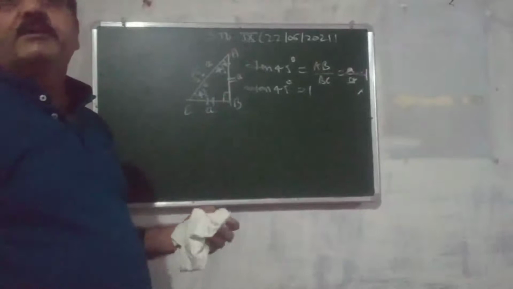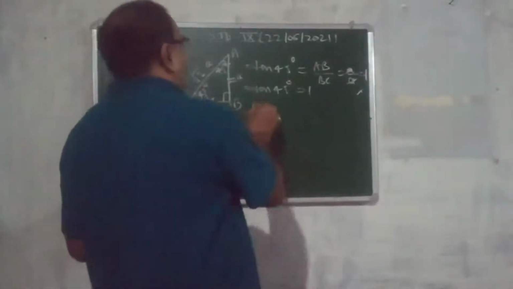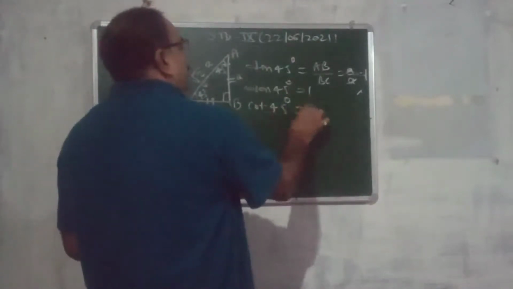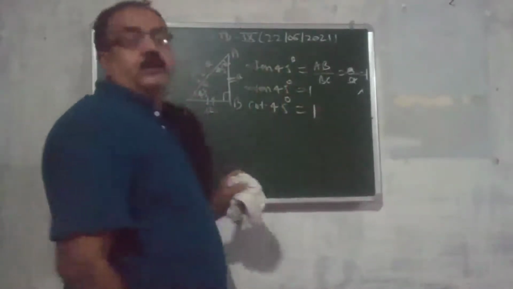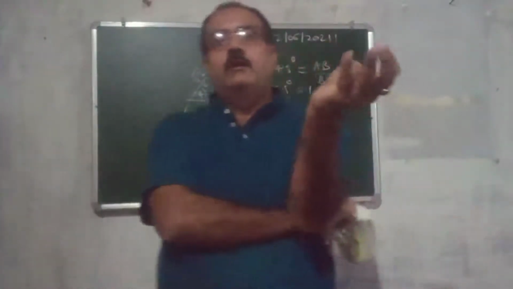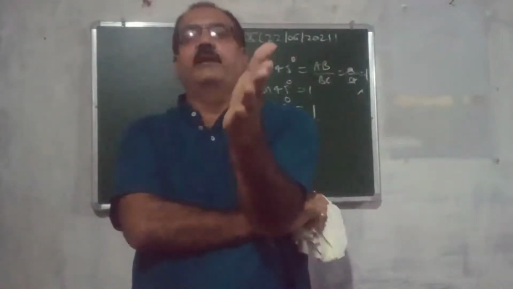What is the reciprocal of tan? The reciprocal of tan is cot, cot 45 degree. The reciprocal of 1 is 1. This is the value. So I explained how the values of sin 30, 60 and 45 come.